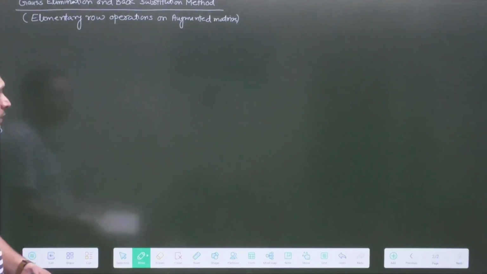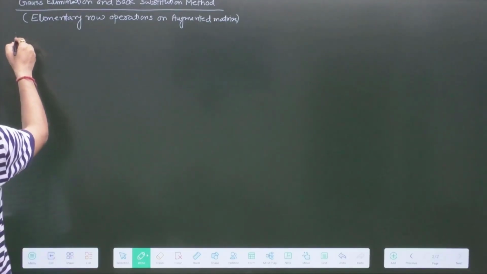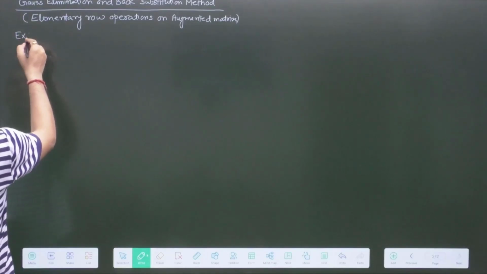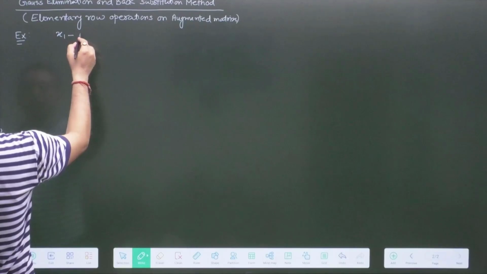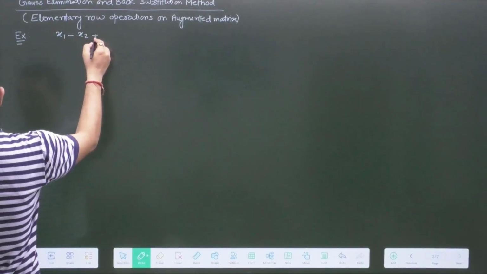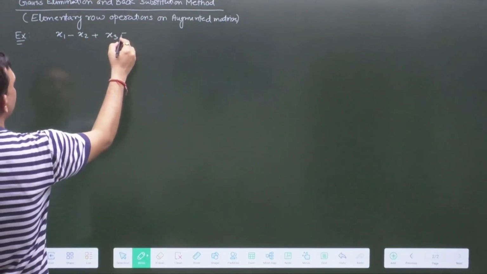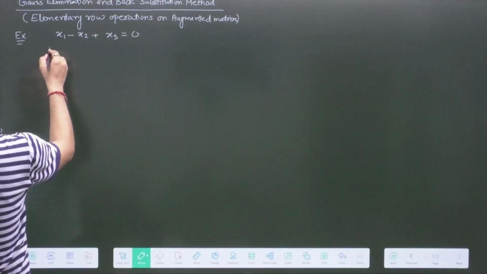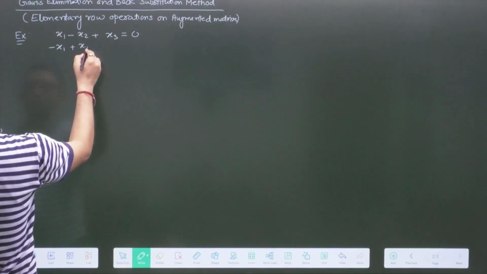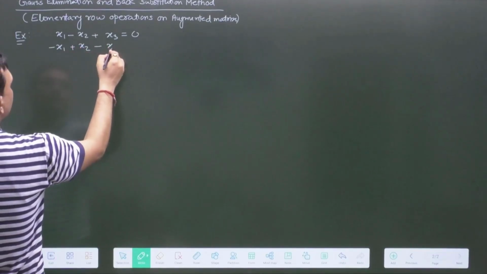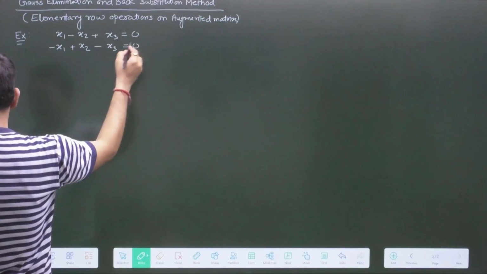For example, let's take one example. The equations are x1 minus x2 plus x3 is 0. Then you have minus x1 plus x2 minus x3 is 0.